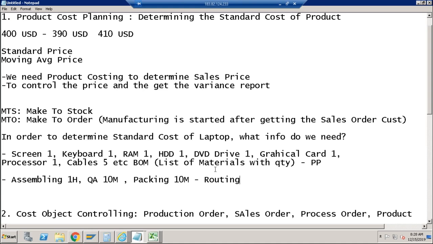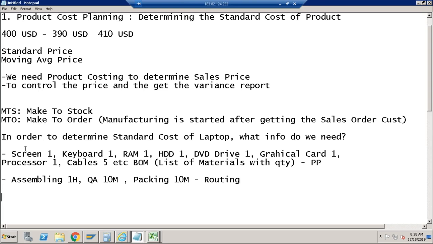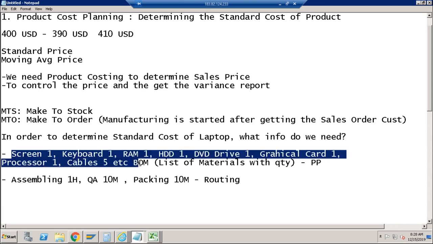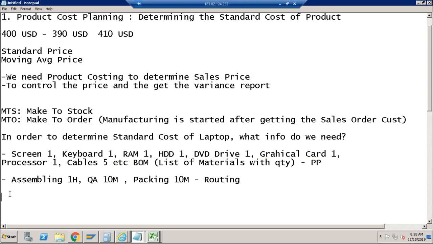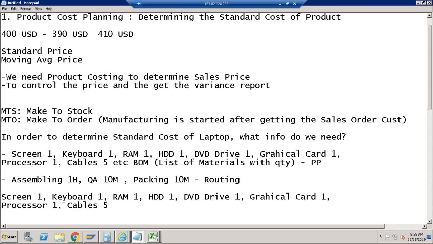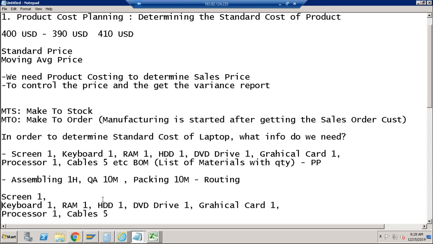No. We have the BOM, we have the routing, but we don't know the price per raw material and the price per unit of activity. So the second information that we need is the price of all these raw materials. I have to maintain these prices somewhere in the SAP system.